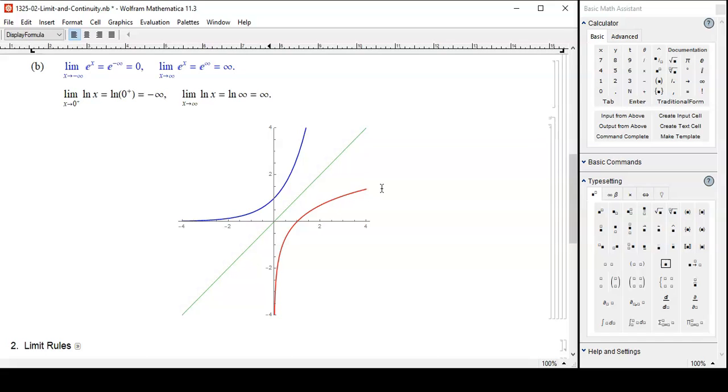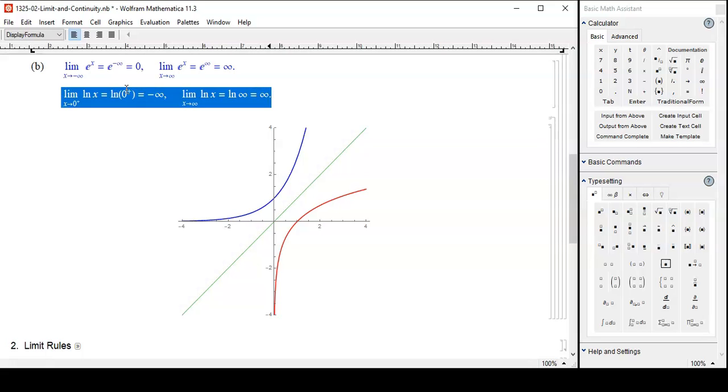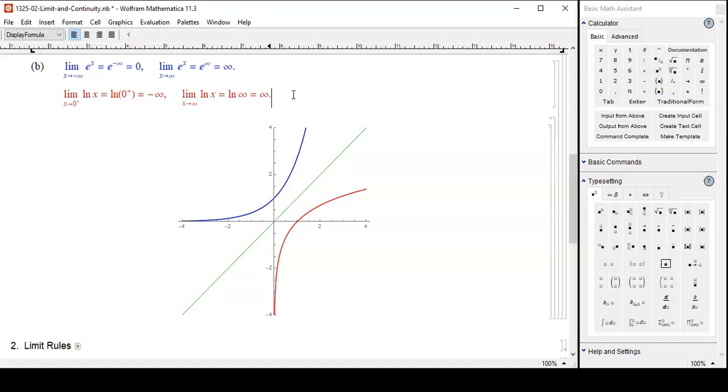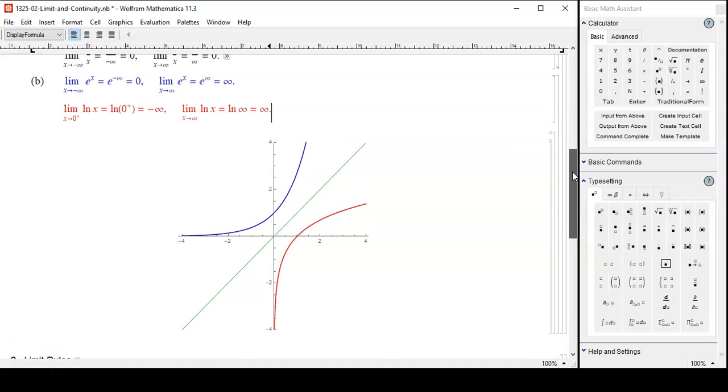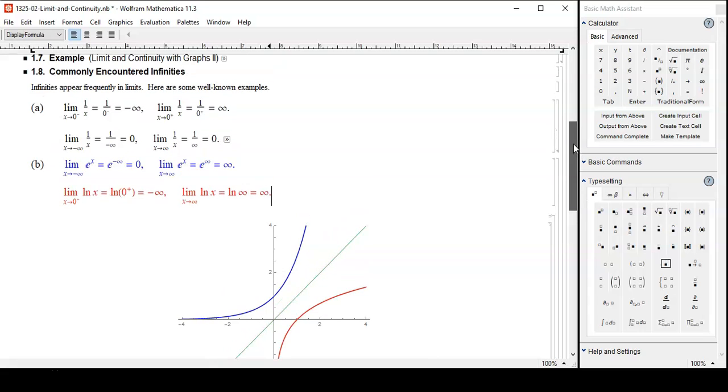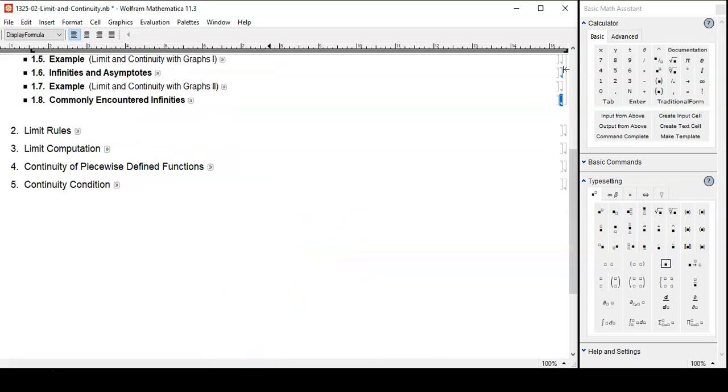Plus infinity this way, very slowly, but it goes to positive infinity. To 0, it goes to negative infinity very quickly. And logarithmic functions must have a positive number inside, so we can never have 0 minus there or equal to 0. It has to be 0 plus. And you have to look at the red graph for logarithms. There are others, but these are the most commonly encountered.